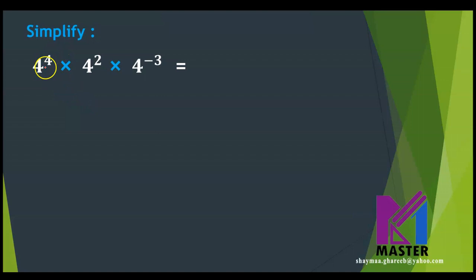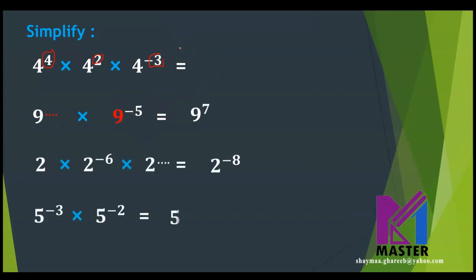So when we add all the powers, the first power is 1, the second power is 2, the third power is negative 3. 1 plus 2 equals 3. 3 plus negative 3 means 3 minus 3, which is 0.